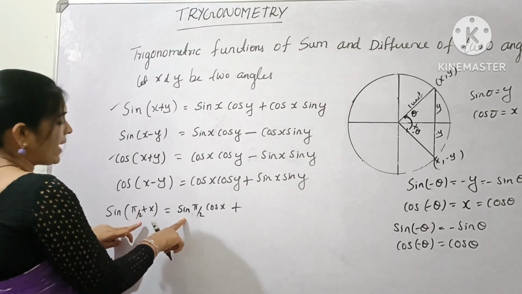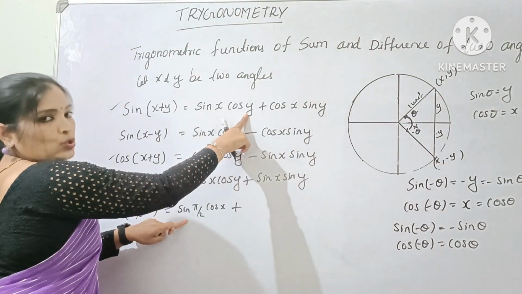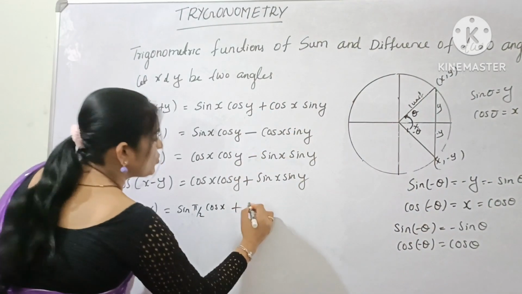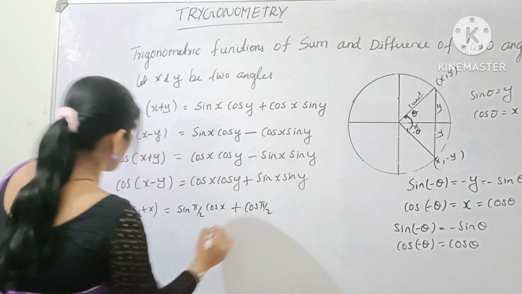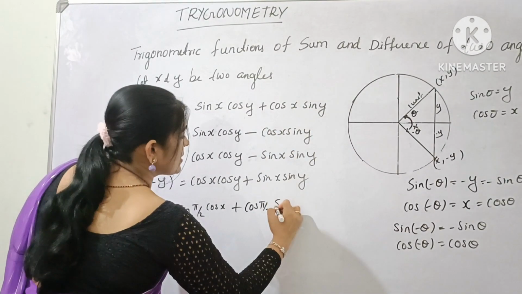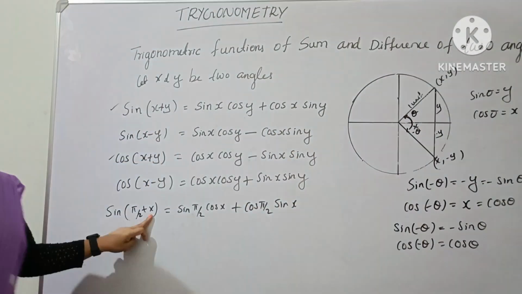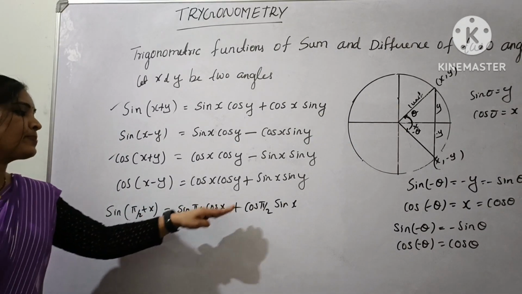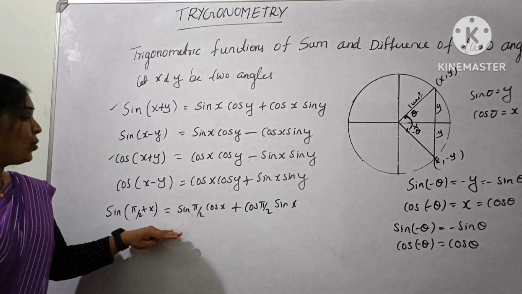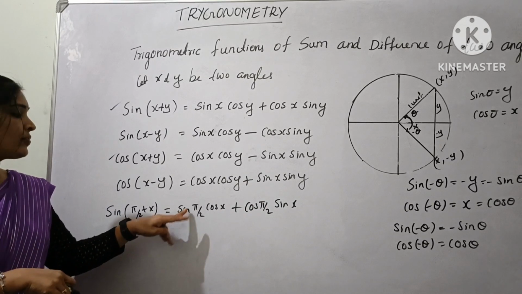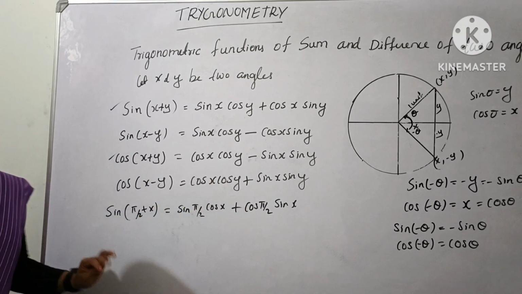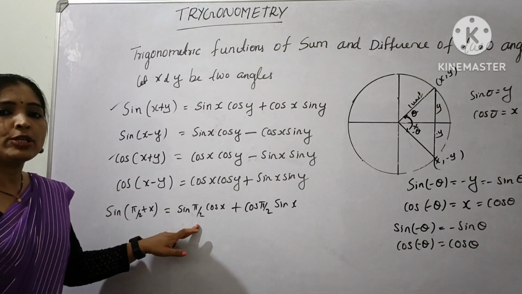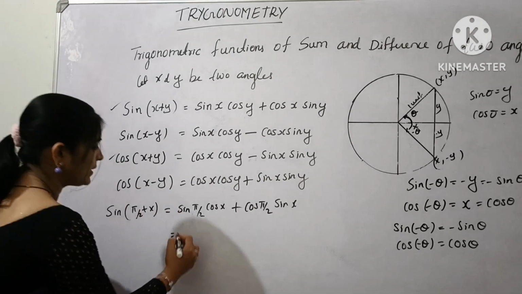So sin pi by 2 cos x plus cos pi by 2 sin x. Now we can substitute the values of sin pi by 2 and cos pi by 2. What is sin pi by 2? Sin pi by 2 is 1.